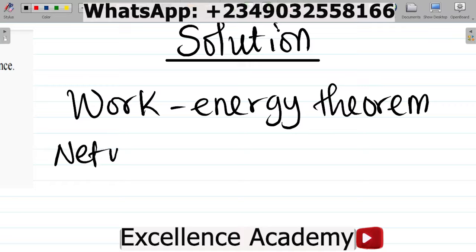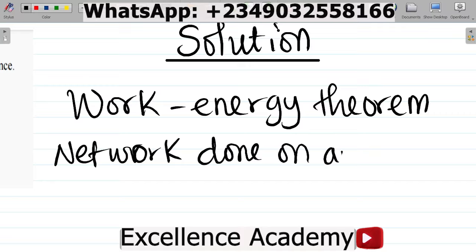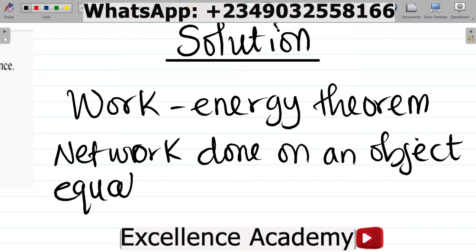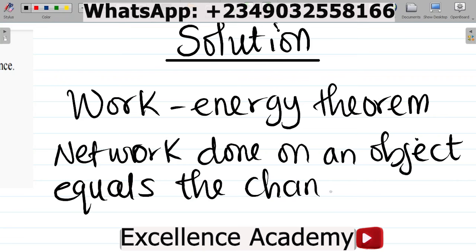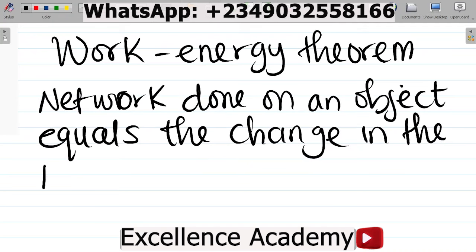Right? So net work done on an object equals the change in the kinetic energy.